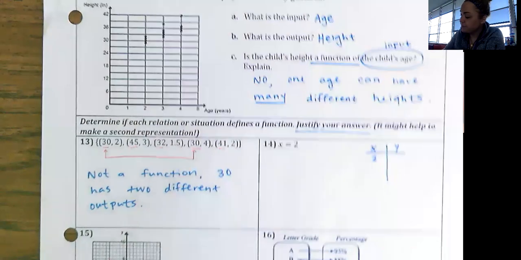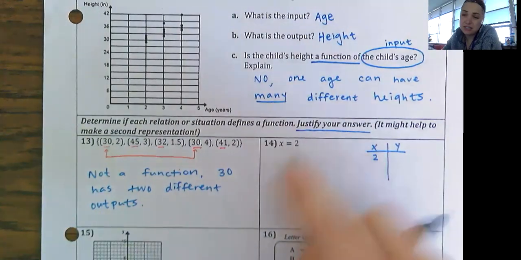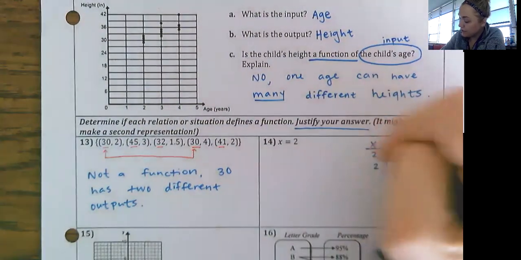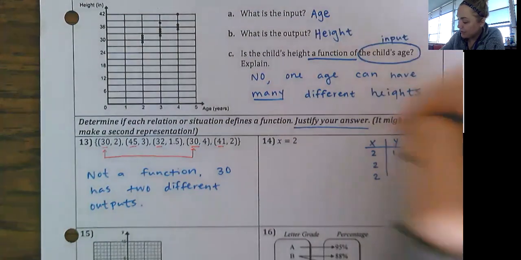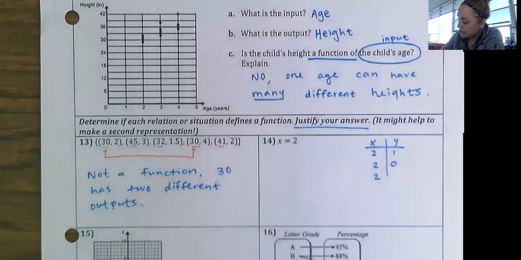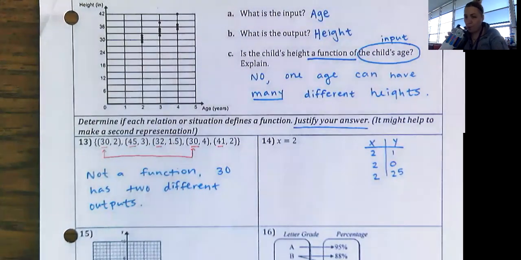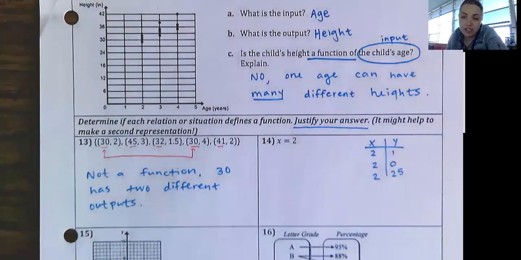So I have 2. And the output at 2, well, they didn't give me outputs. This is just saying x is 2, x is 2, x is 2. So that table is going to have 2's on the x's, and the y's can really be whatever you want. We could say 1, we could say 0, we could say 25, because it doesn't matter what the outputs are. The input is just 2.